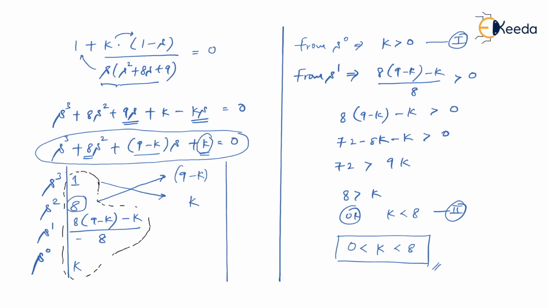For this equation, we had to find the range of values of k such that it would be a stable system. So let me copy this equation as it is: s cube plus 8s square plus (9 minus k)s plus k equal to 0.